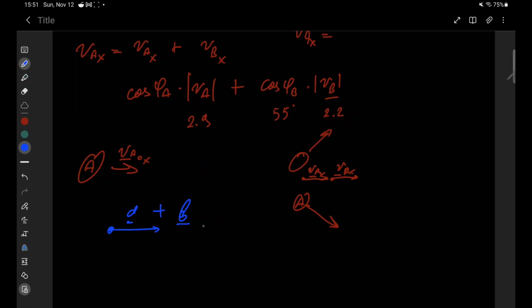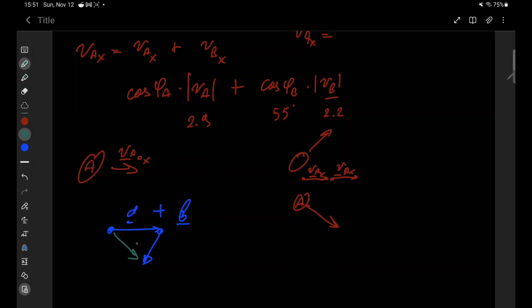No matter how this B looks, if vector B starts here and we want to calculate this value, it will always be A plus B. Why? We start at the beginning of A, now we are ending at the end of B. So A plus B goes from the beginning of A to the end of B. Really easy.